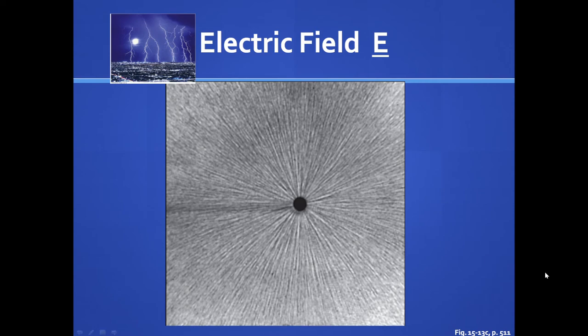What you're physically seeing here is a picture of this black dot in the middle, a piece of iron that has been given an electric charge, and it is currently submerged in oil. That oil has been filled with iron shavings that begin reacting to the metal's electric field, and they start lining up to represent the field itself.